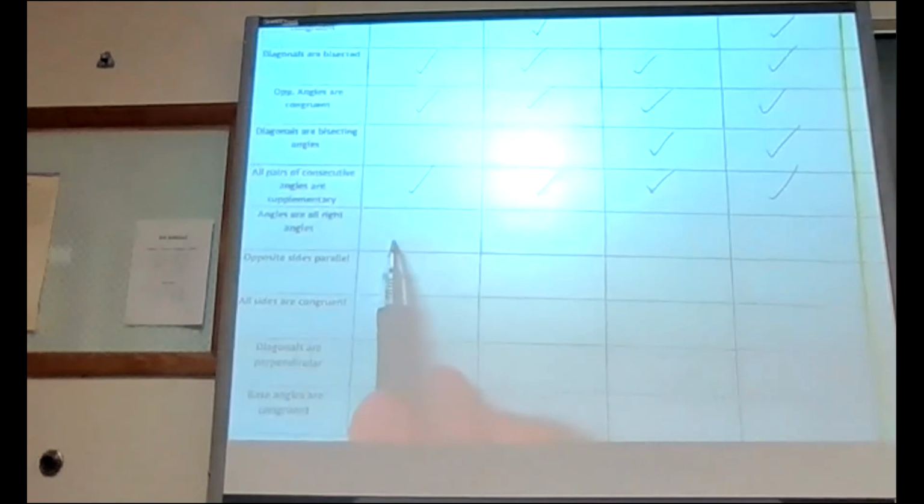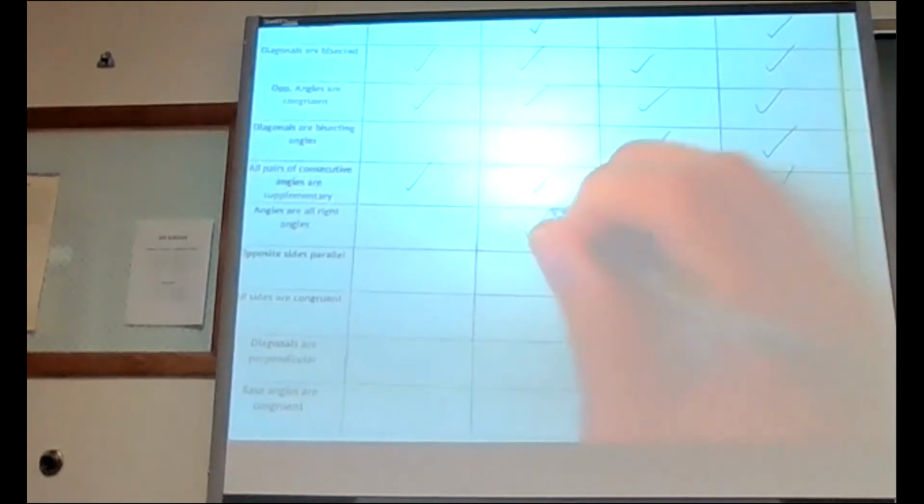Consecutive angles or adjacent angles are supplementary. Is that true for our parallelogram? Yep, true for the big guy. It's true for all of them. The angles are all right angles. Is that always true for a parallelogram? No, but it's always true for a rectangle and a square. The opposite sides are parallel, so it's true for a parallelogram.